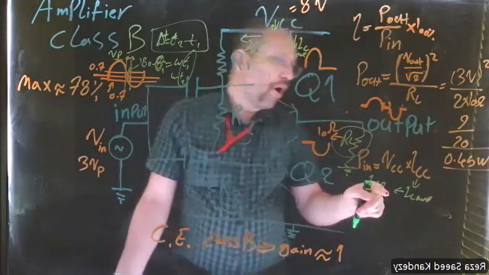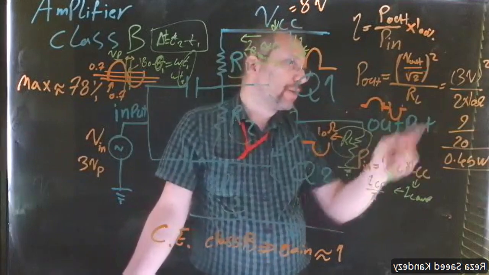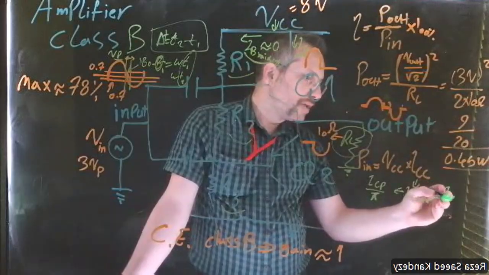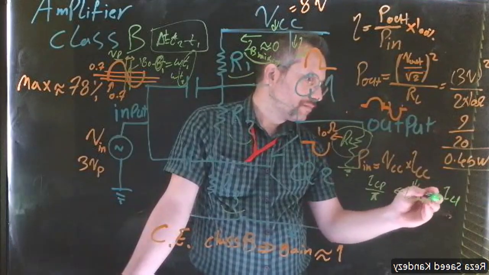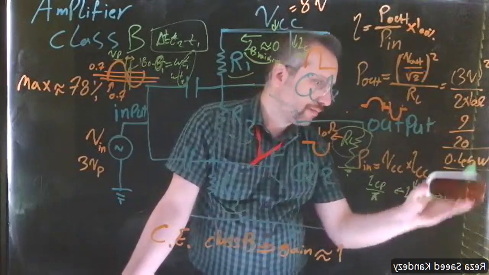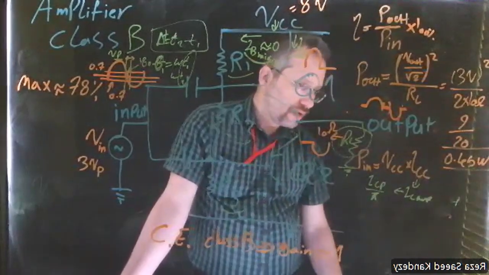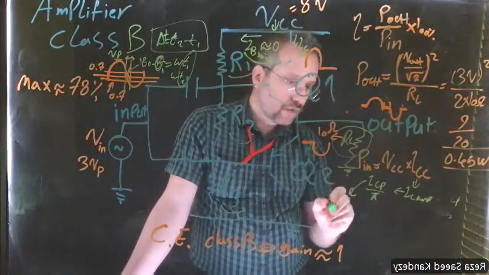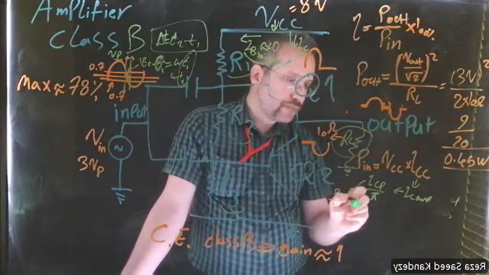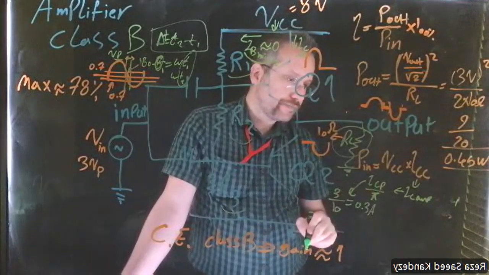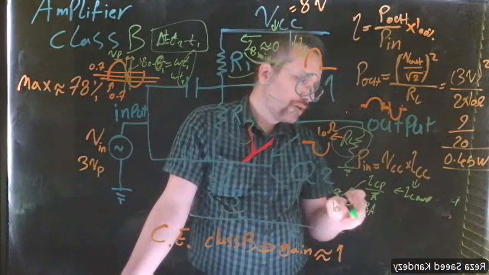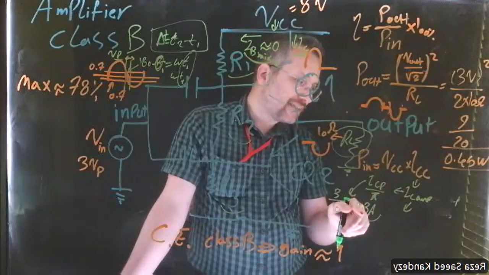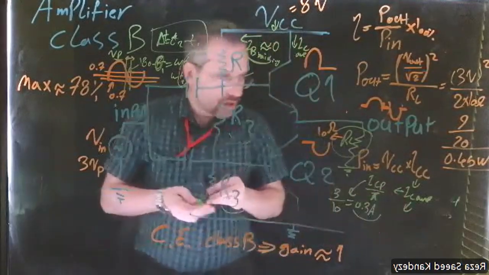So if our peak voltage is 3 volt, then our ICP is going to be 3 volt over 10 ohm, which is 0.3 amp. Now this is ICP, so our IC average is going to be that divided by pi.